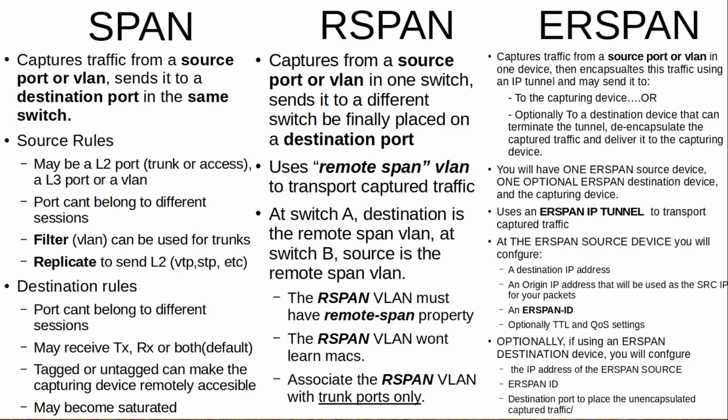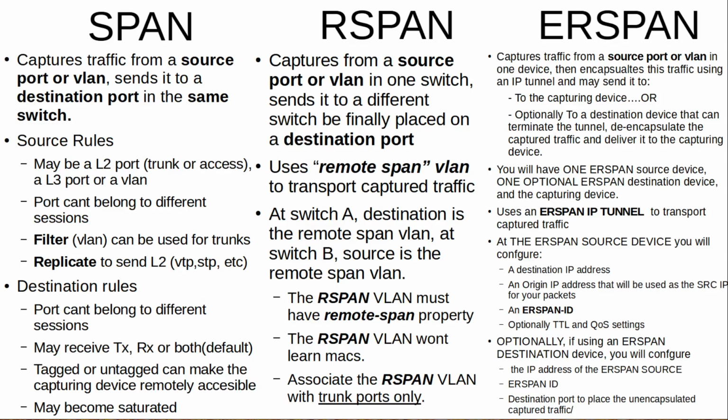As for the rules for the source of the captured traffic, it may be a layer 2 port, a layer 3 port, or a VLAN. This port cannot belong to different SPAN sessions. If your source port is a trunk, you can use the filter command in order to tell the switch the list of VLANs that you are interested in.